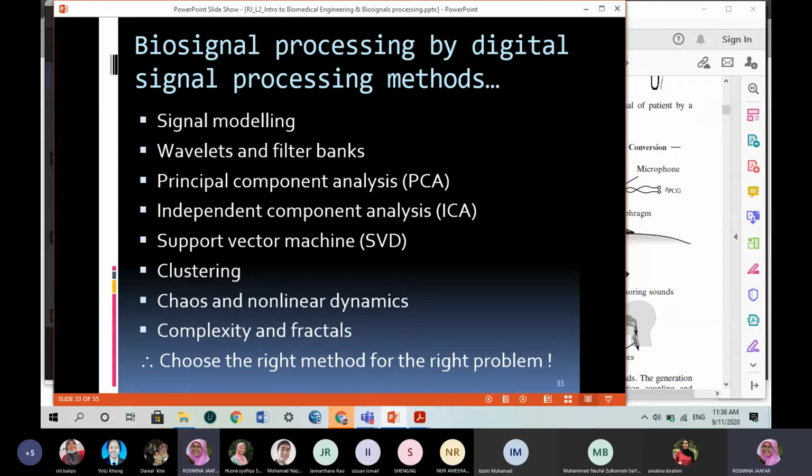Okay. When you haven't had the experience of dealing with the signal, it's quite difficult to understand what these are. So when you deal with the signal, then you understand what PCA is about. That's why we have to include a project in this course.